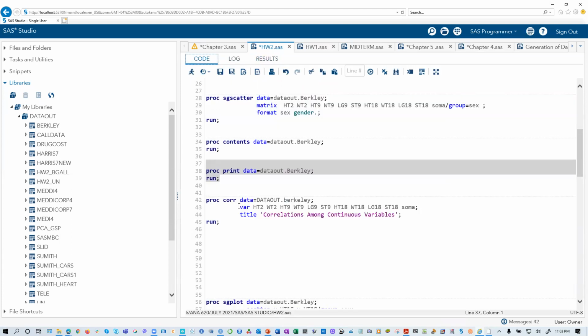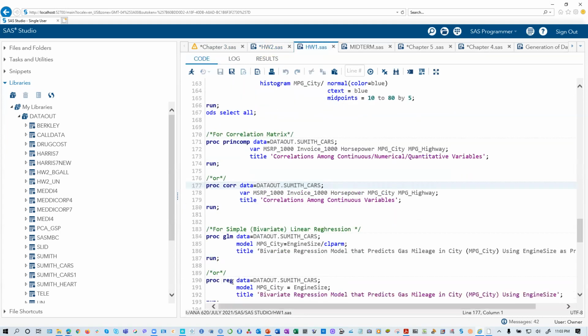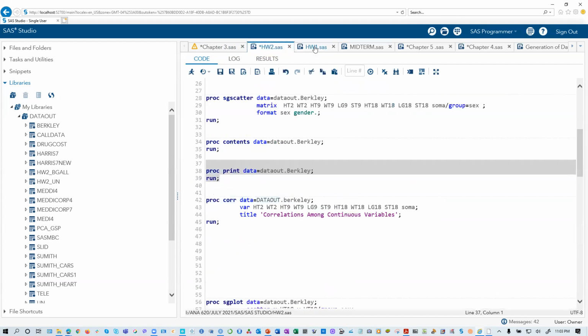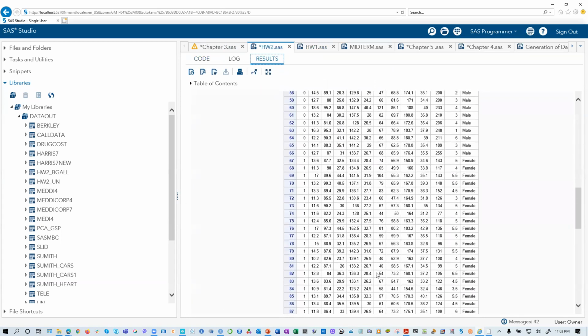Correlation data. SAS. Numbers, numbers, numbers, numbers, numbers, numbers, numbers, numbers, character type.